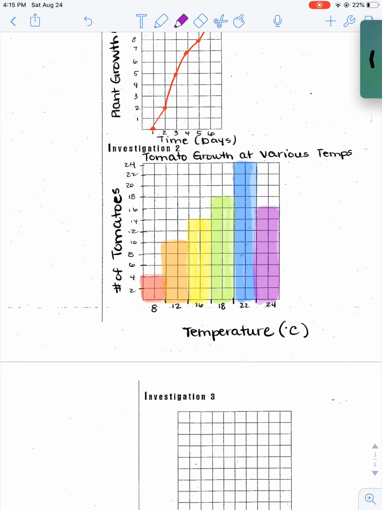Okay, so there is my bar graph for the number of tomatoes that were grown at various temperatures.